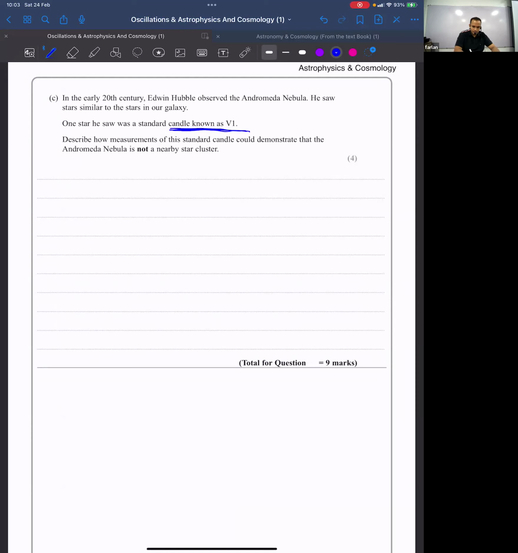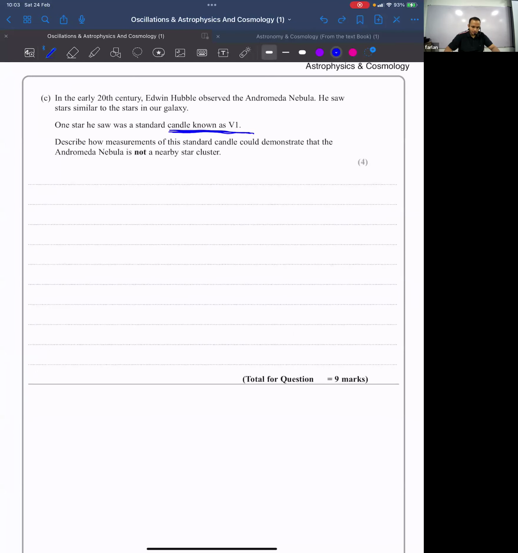He saw stars similar to the stars in our galaxy. One star that he saw was a standard candle known as V1. It's a standard candle, means you know its luminosity. Describe how measurements of this standard candle could demonstrate that the Andromeda Nebula is not a nearby star cluster.